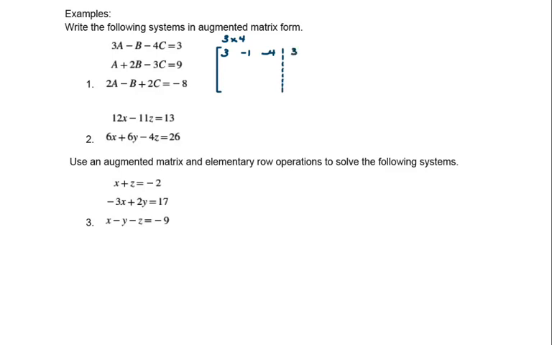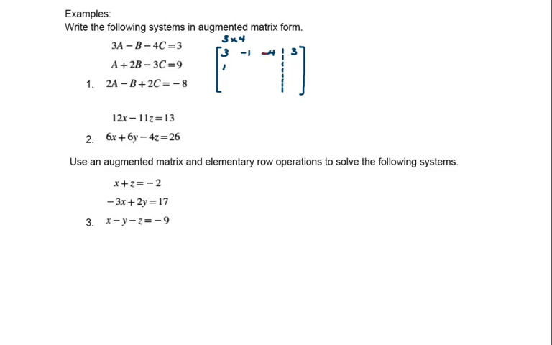Now again, like I said, that dash line or solid line is clear notation that we're dealing with coefficients on the left, and that 3 would be a value or an answer. If it's not there though, that is also some notation you'll see at times. But we'll know from the context that we're dealing with a system, so we'll know that that last column is our answer.